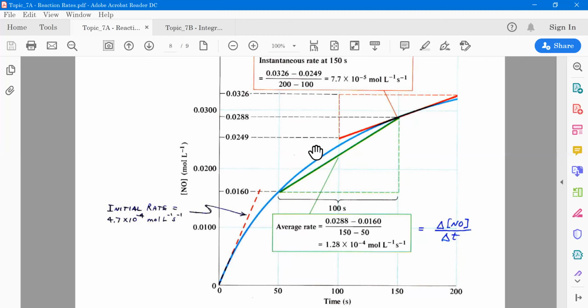If I took the interval from here to approximately here, that average rate would be very similar to the tangent drawn at the midpoint of that interval. So it's for that reason that the average rate is normally used only for getting a quick idea of the speed of a reaction during a particular time period. It's not as useful as the initial rate or the instantaneous rate at some later time.